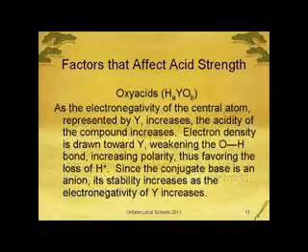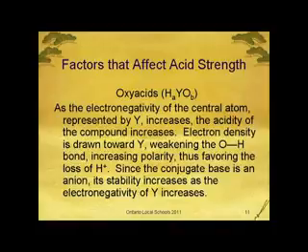As we look at the element represented by Y in our general formula, here's how we want to predict the strength of the acids. As the electronegativity of the central atom represented by Y increases, the acidity of the compound increases. This is because with the increased electronegativity of Y, the electron density is drawn toward Y, which weakens the outlying oxygen-hydrogen bond, increasing polarity, and this favors the loss of the H+.